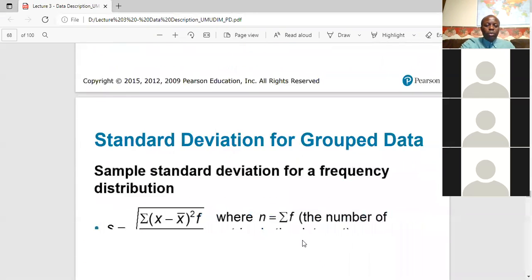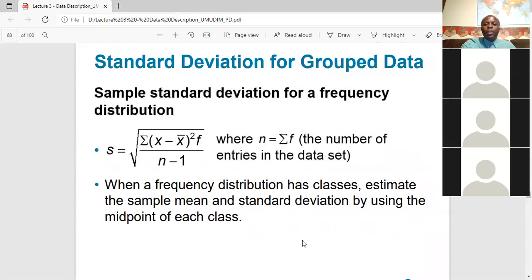All right. Now I can explain how to calculate standard deviation. Remember we did it yesterday. Now I'm going to explain how to calculate it if it is group standard deviation. In that case, you insert the frequency in the formula. Standard deviation is always the square root of variance.